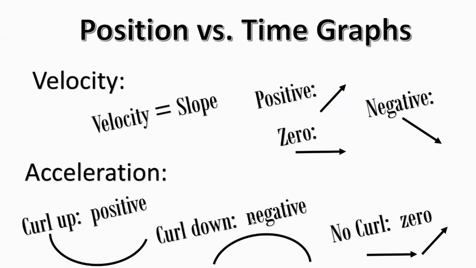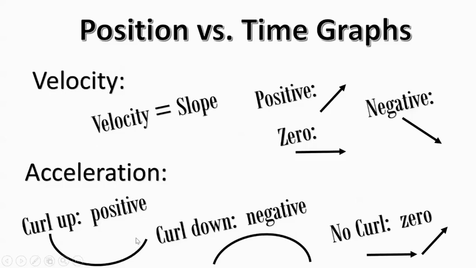Likewise, position versus time graphs have their own rules. To find the velocity of a position versus time graph, you look at the slope of the line. A line that slopes up has positive velocity, a line that slopes down has negative velocity, and a line that's flat has zero velocity. For acceleration, you can look at the curl of the line.